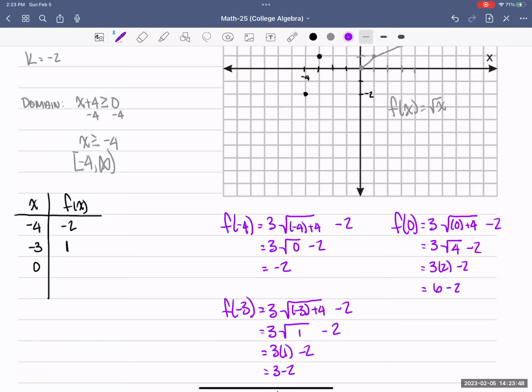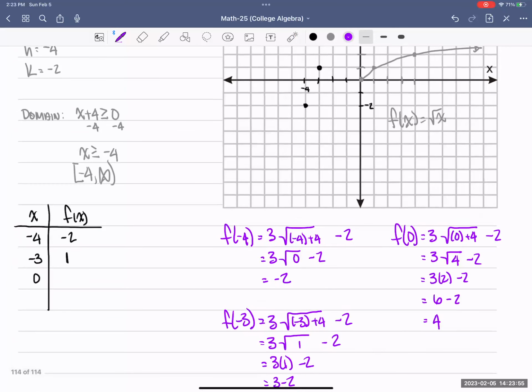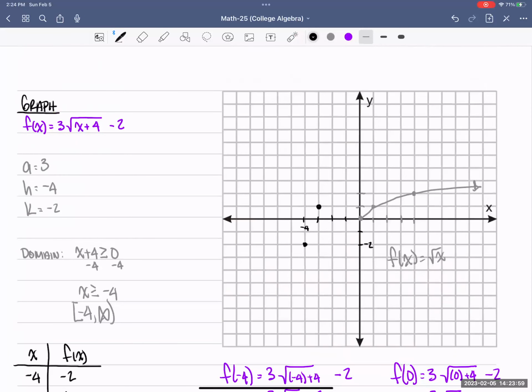Then minus 2, and 6 minus 2 is 4. So when we input 0, our output is 4.